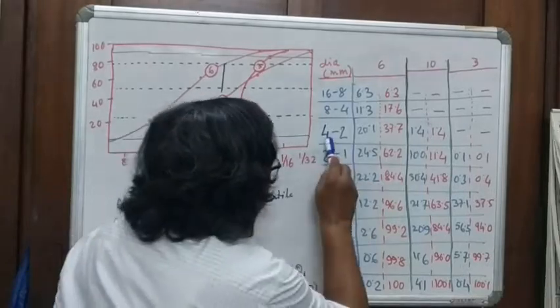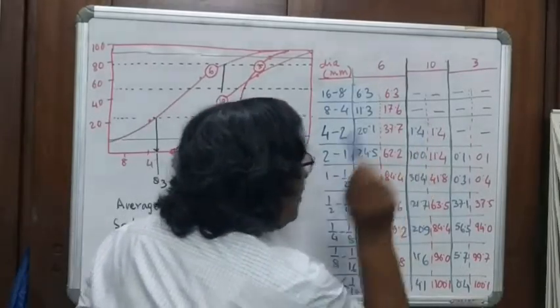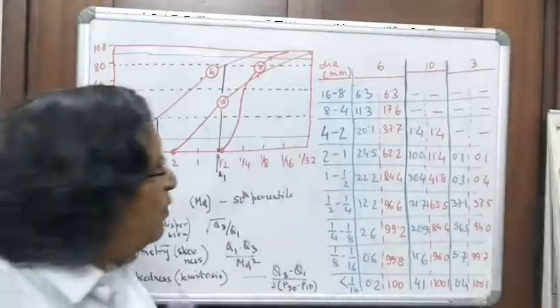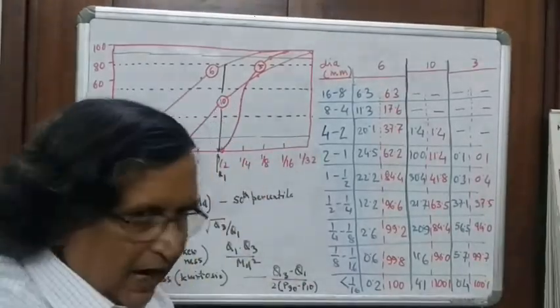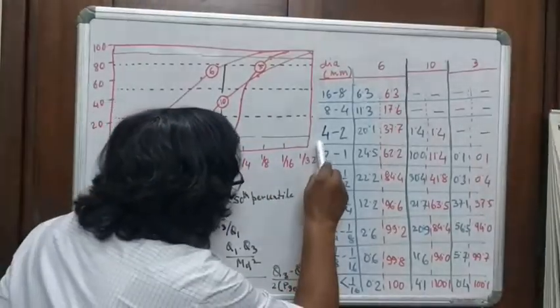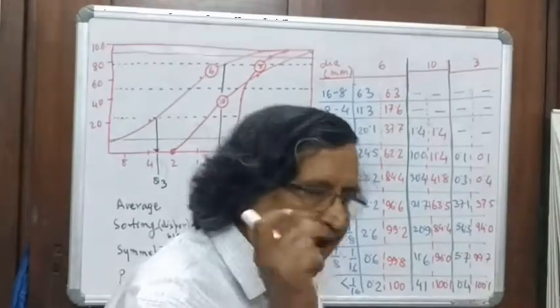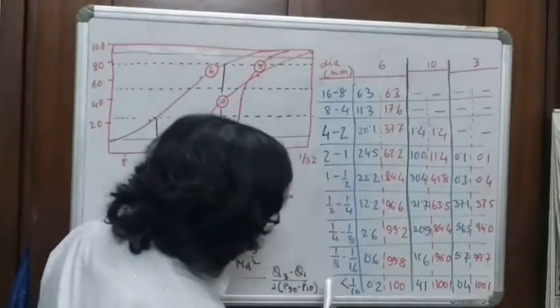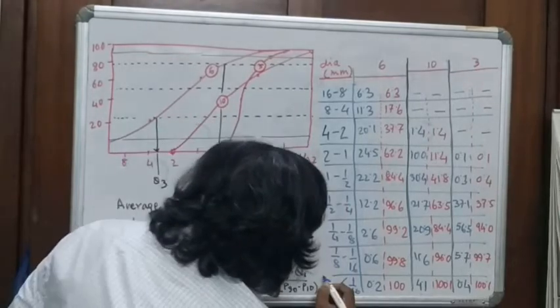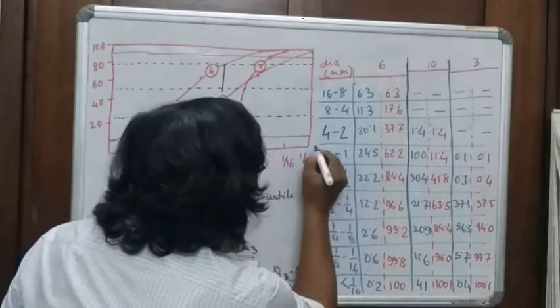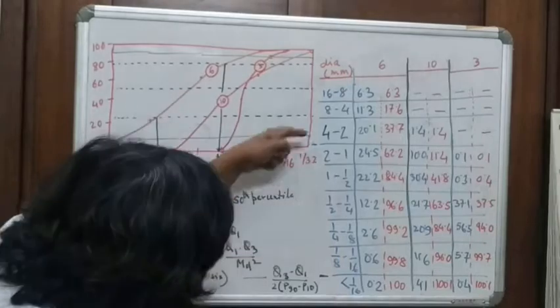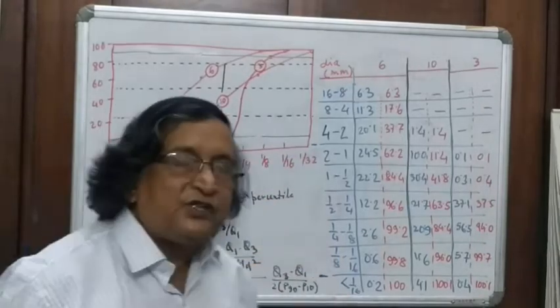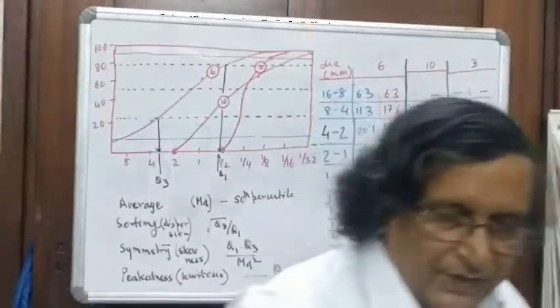And then between 4 to 2, it's 1.4 millimeter. Now remember one thing, just a cardinal thing: the size range of sand is 2 to 1/16. Between these two lines is what is called sand. This is from the Wentworth scale.